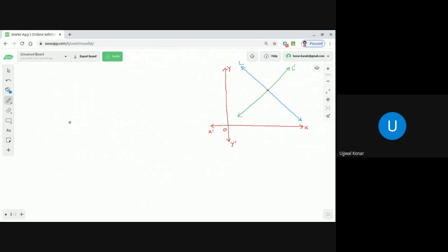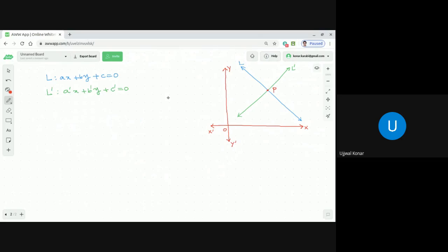The equation of the straight line L is ax plus by plus c is equal to 0, and the equation of L dash is a dash x plus b dash y plus c dash is equal to 0. Correct? Now their point of intersection is P. P is the point of intersection.